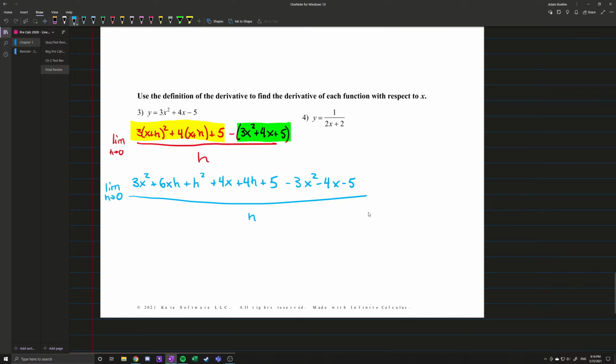We can cancel some things out. 3x squared cancels out negative 3x squared. 4x cancels out negative 4x. Negative 5 cancels out positive 5. And we are left with the limit as h approaches 0 of 6xh plus 3h squared plus 4h, all over h.